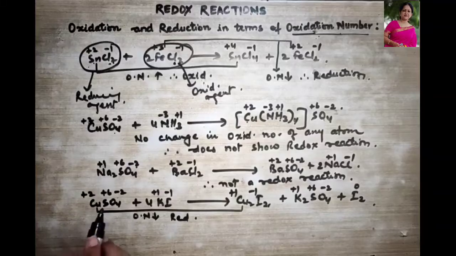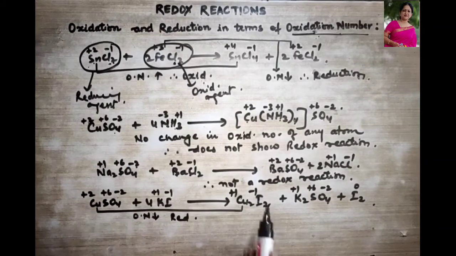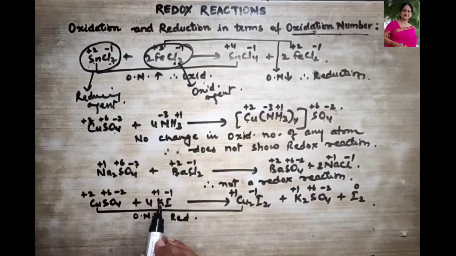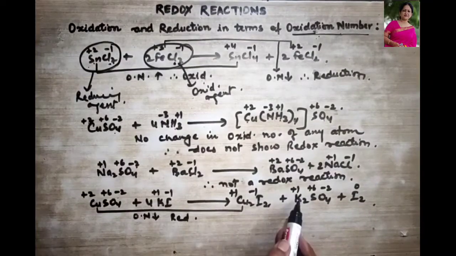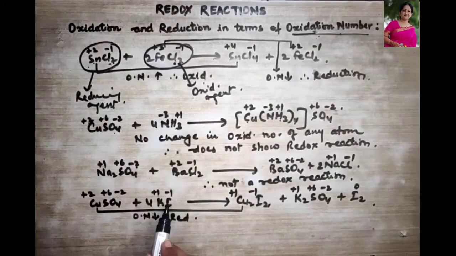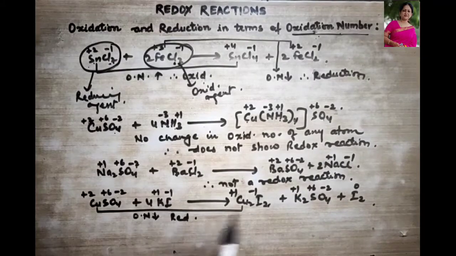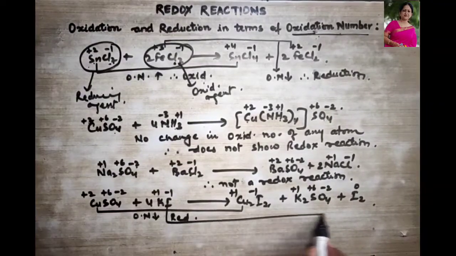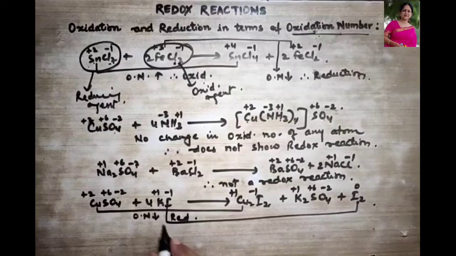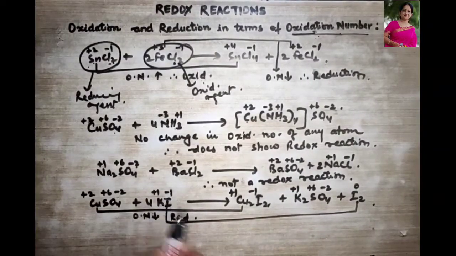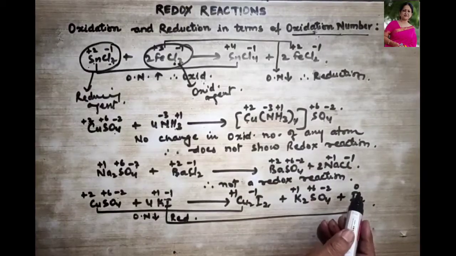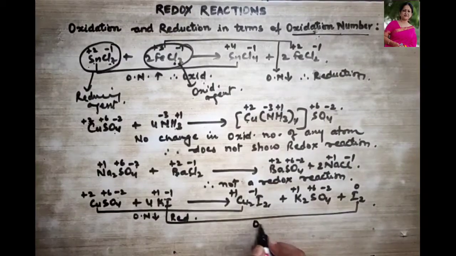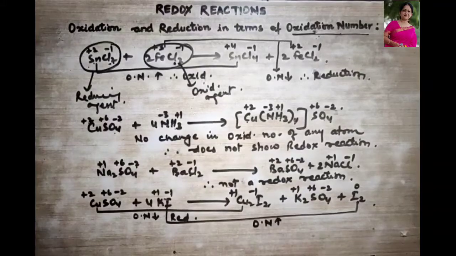Clear? Now sulfur +6, oxygen -2, potassium +1, potassium +1. But look at iodine: it is -1 over here, but over here it is 0. So the oxidation number of iodine, which is -1, has increased to 0. So over here the oxidation number has increased.